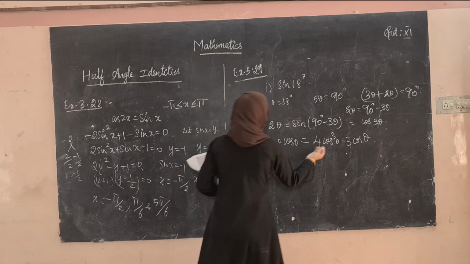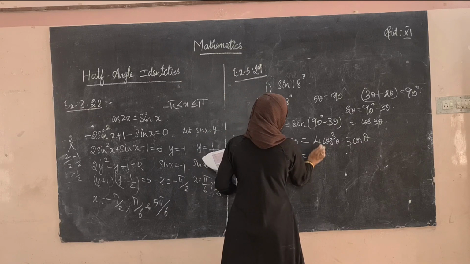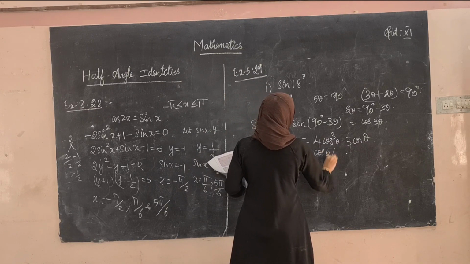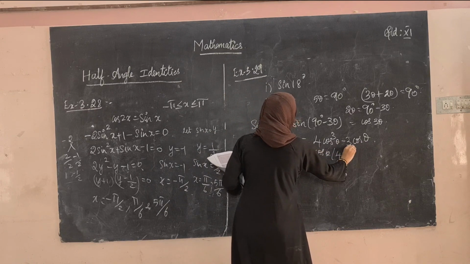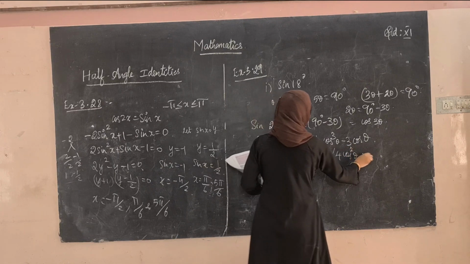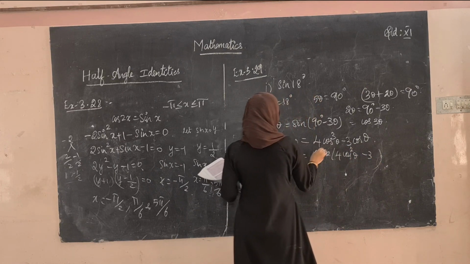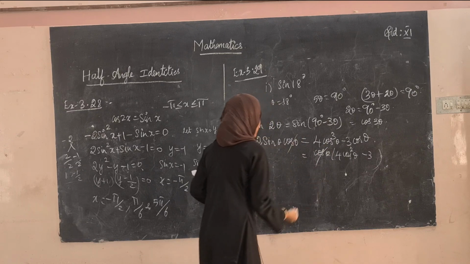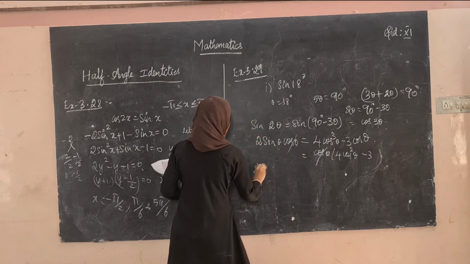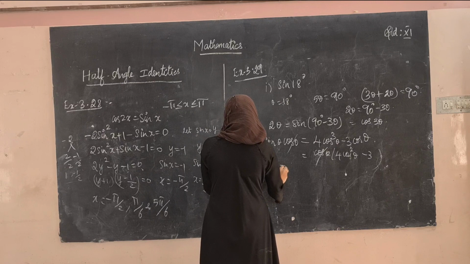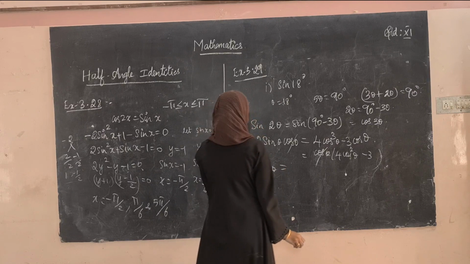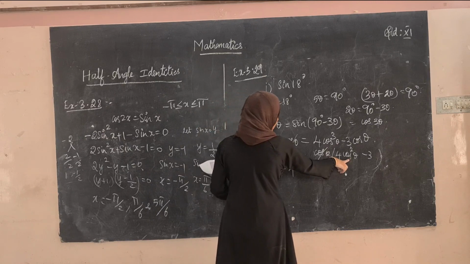Now take one cos theta outside. Cos theta into 4 into cos square theta minus 3. Yes, so here one cos theta and here one cos theta get cancelled. You will be having 2 into sin theta, which is equal to 4 into cos square theta minus 3.